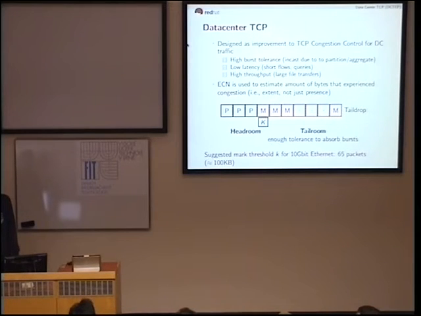Once it goes above that limit, it will just always mark the packet. That has two effects. One, we learn early when buffers start to fill up. And the second effect is we have burst tolerance, because if there is a burst of packets, they will not be dropped because there is still plenty of space in the switch or router buffer.